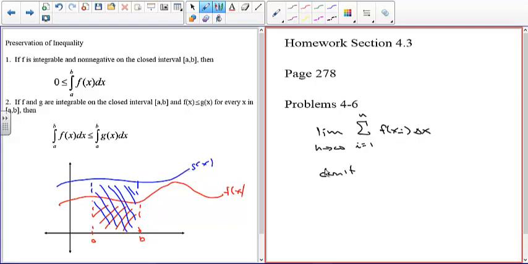Don't do the easy way yet. Once we get to section 4, you won't have to do the hard way anymore. You just have to do the easy way.